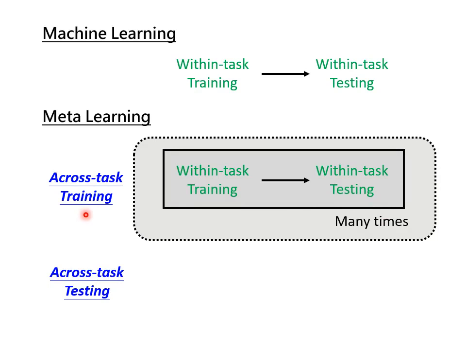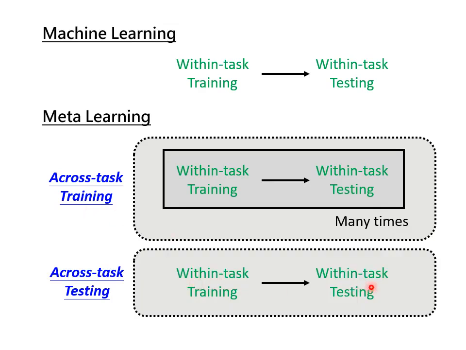And in across-task testing, you apply within task training and within task testing. Across-task testing is the same as machine learning. The only difference is, in machine learning, the learning algorithm is handcrafted. And in across-task testing, the learning algorithm is found by across-task training.